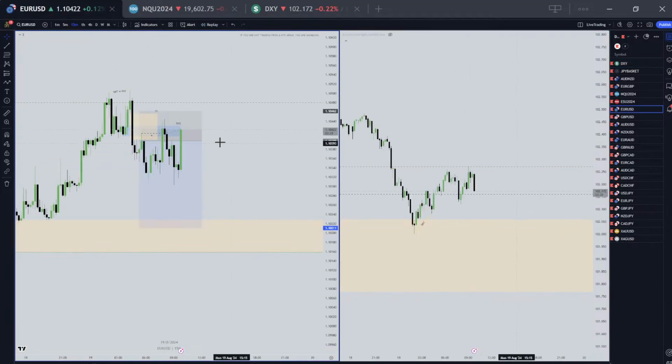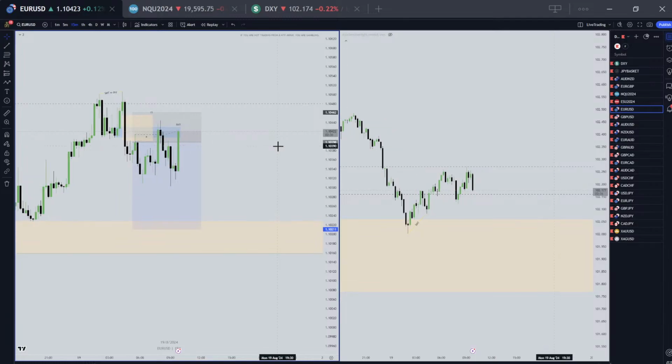DXY is trading lower. That means my trade's going to draw down again. Probably means I'm going to look for longs tomorrow.